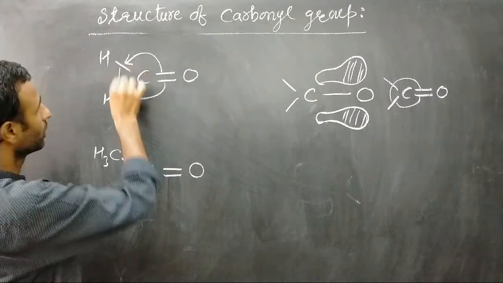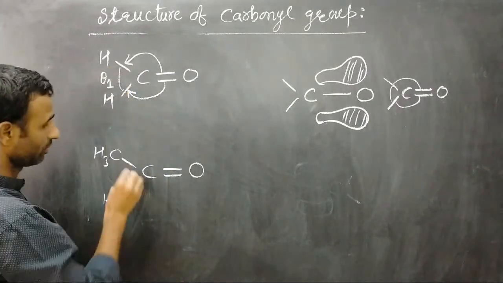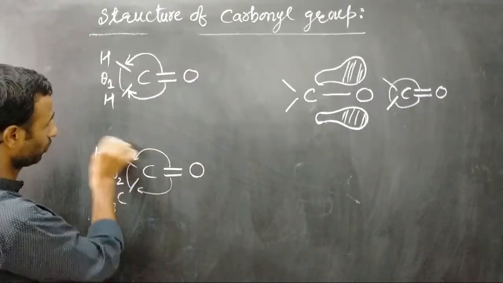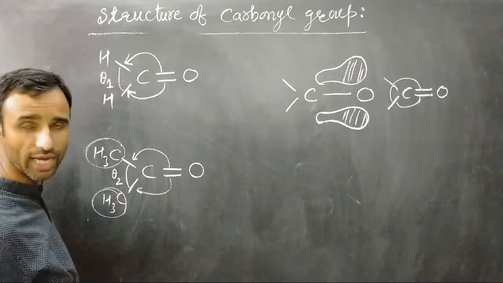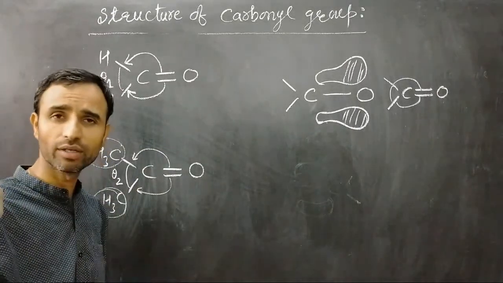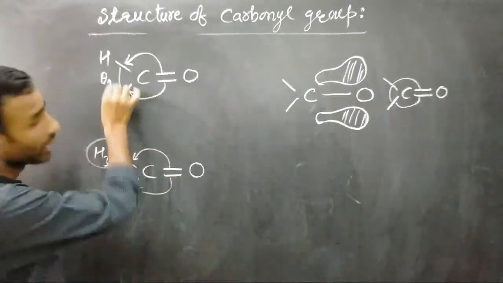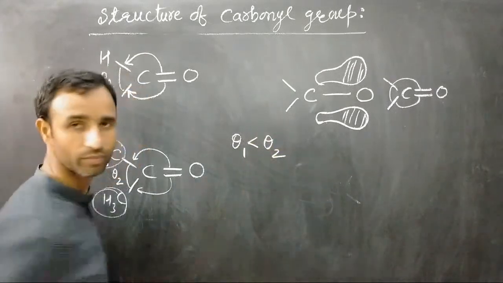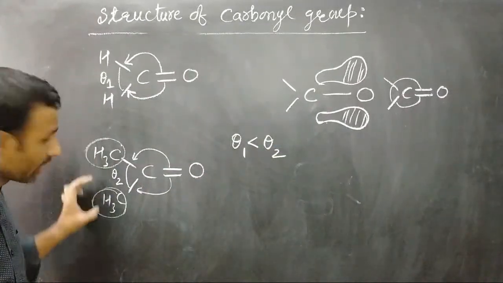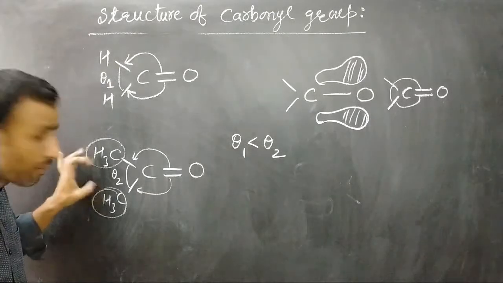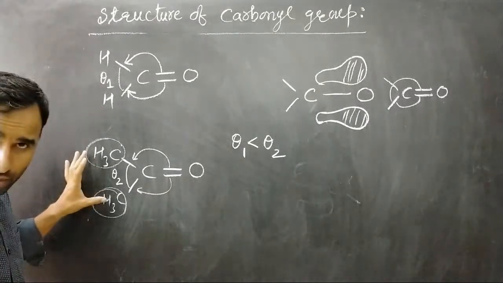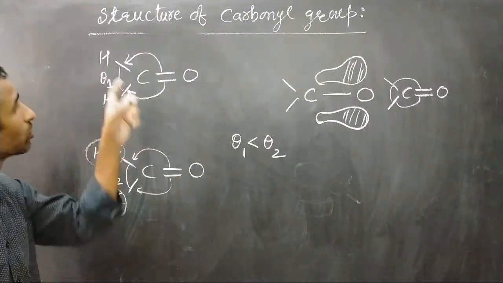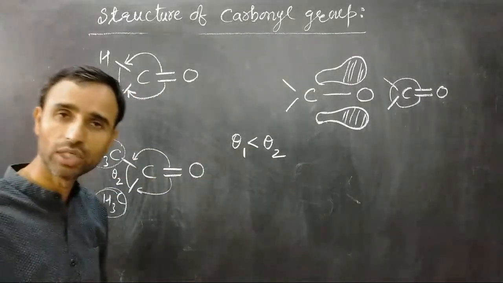So say if it is theta 1 and theta 2, but because of the larger size of alkyl groups, the exact bond angle there is no need to remember, but if we compare, obviously theta 1 is less than theta 2, because these bulky groups cannot come closer due to steric hindrance, and because of their small size, the hydrogens can come closer. So theta 1 is always less than theta 2.